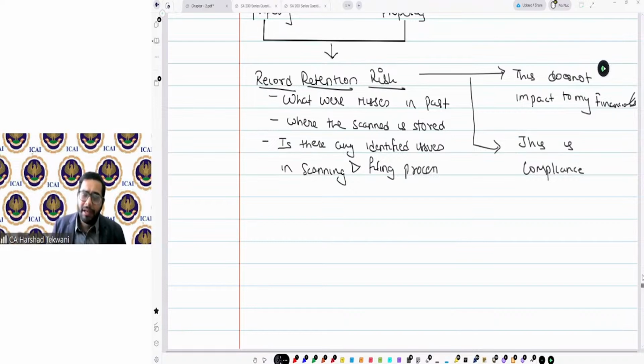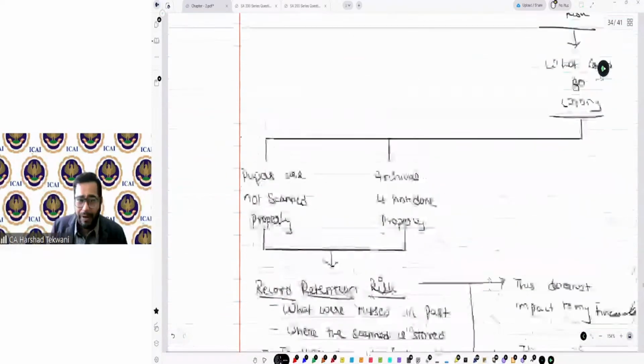We have already seen in SA 250 that other laws and regulations which do not have a material impact on the amounts in the financial statements could still have an impact on the operations of the company.